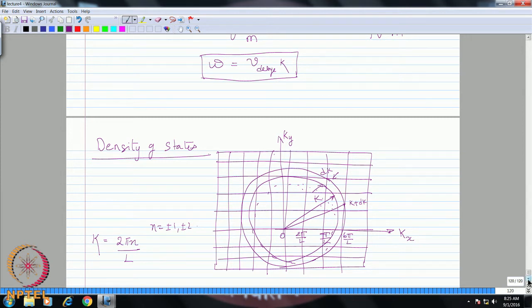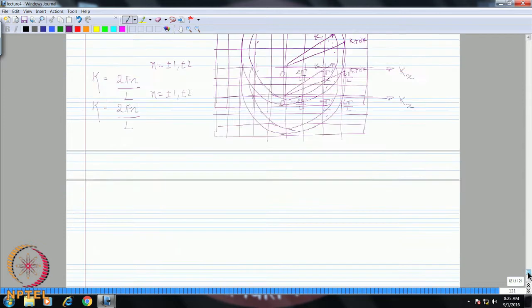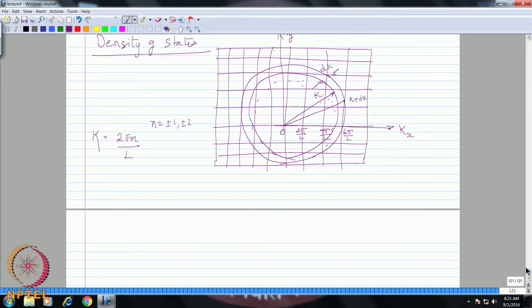Okay. So, therefore, now we are going to define the number of states between k and k plus dk. So, we want to now count the number of quantum states on this wave vector map between k and k plus dk, that is within this differential surface element, spanned by the width dk.